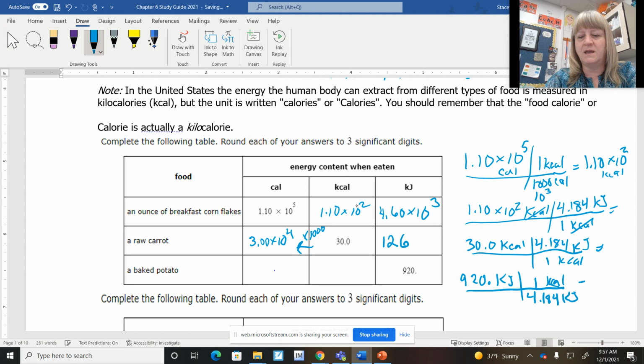So I'm going to take and divide 920 by 4.184, and I end up with 220 with the decimal, because I'm doing it to 3 significant figures. And then to go to calories, I'm going to times that by 1,000, and I'll end up with 2.20 times 10 to the fifth.